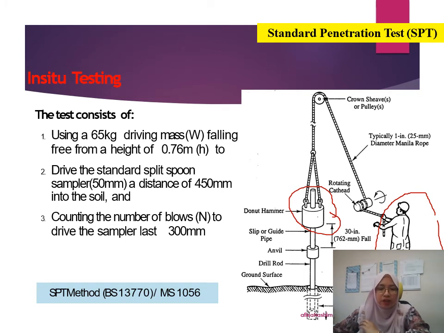Okay, so you have to count the number of blows for every 450 mm interval. Why? Because we consider the first 150 mm as top soil. So we only count the last 300 mm for every interval as the SPT N value, right? So you have to take the SPT N value for every 300 mm interval.